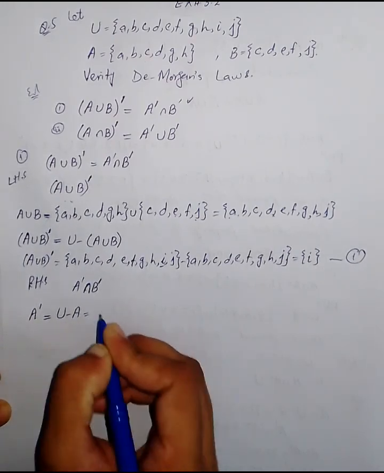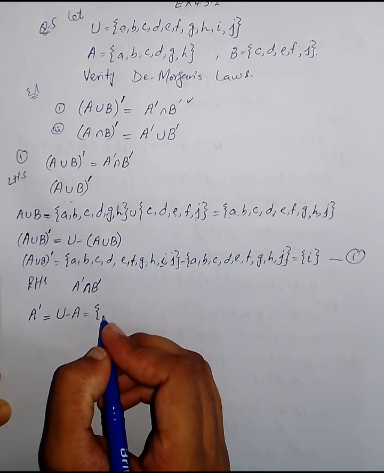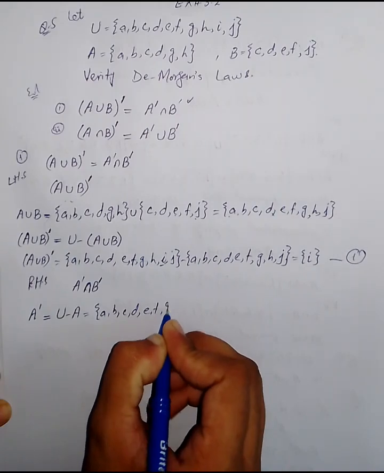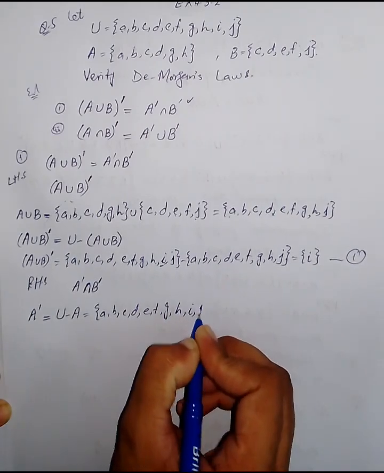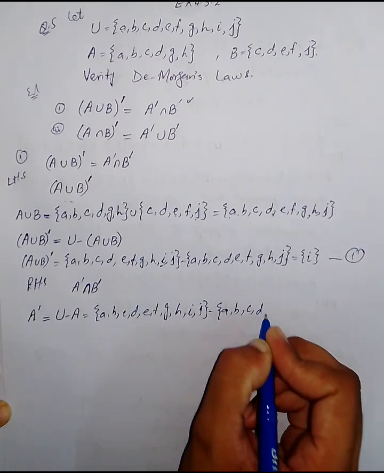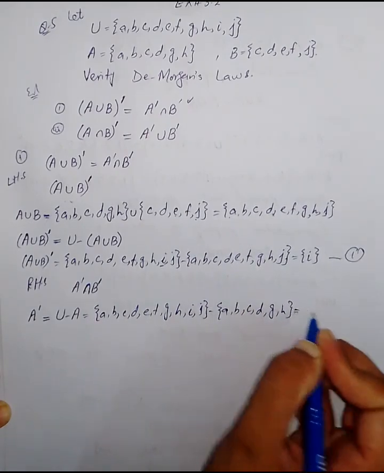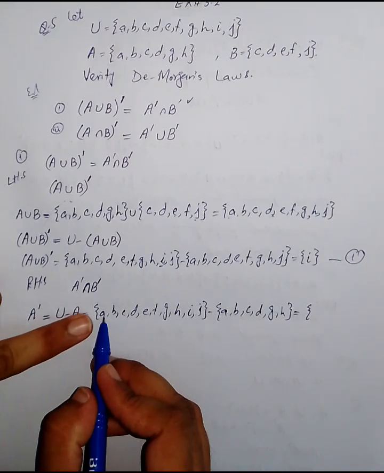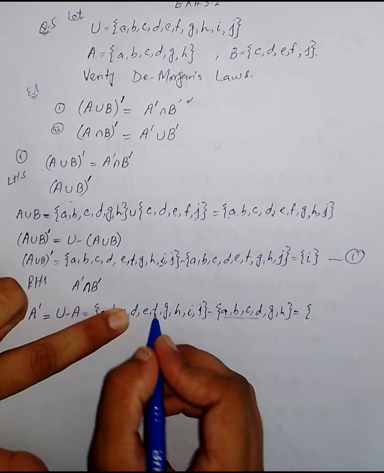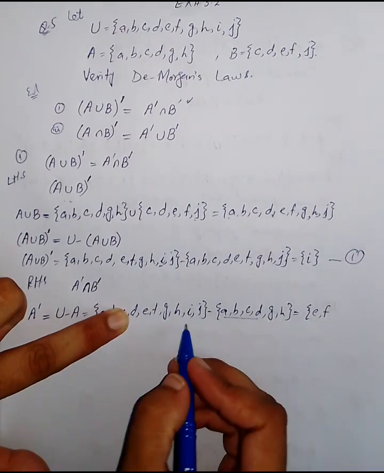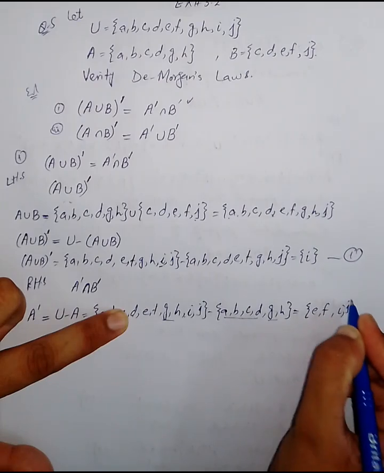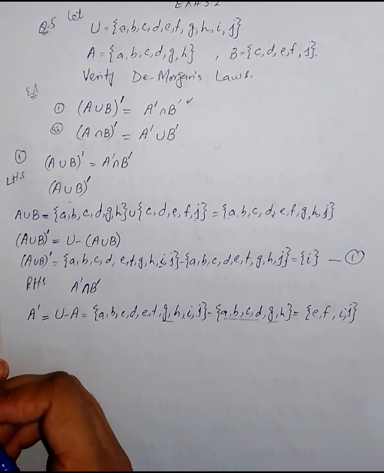U difference A. Universal set difference set A. Universal set is A, B, C, D, E, F, G, H, I, J. And A set is A, B, C, D, G, H. What will be left here? A, B, C, D cancel from this. E, F left. G, H also cancelled. I, J is left. So this is the complement of A.